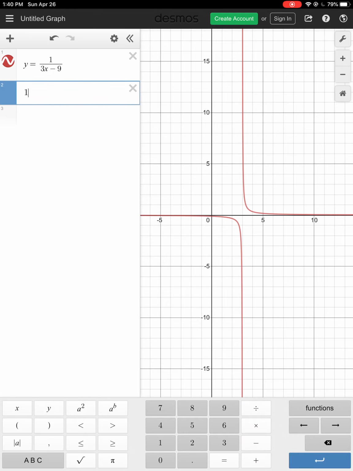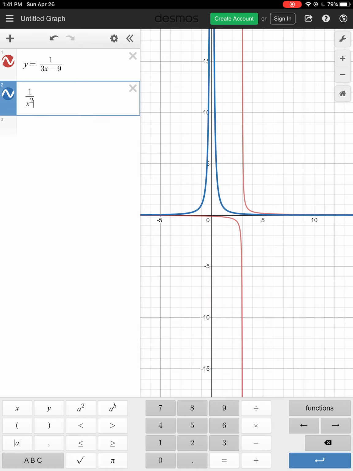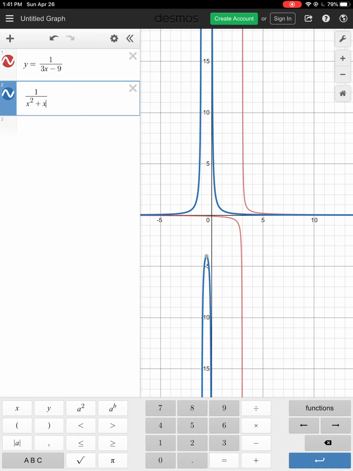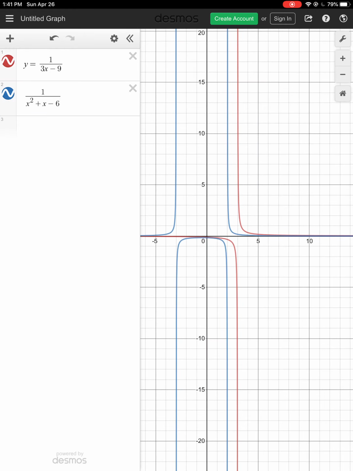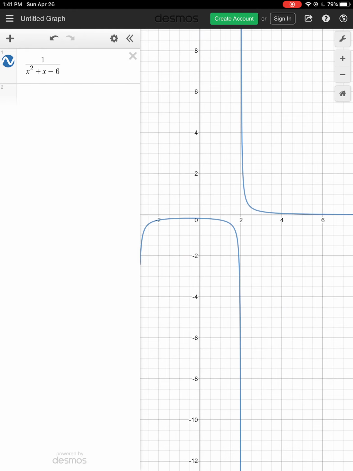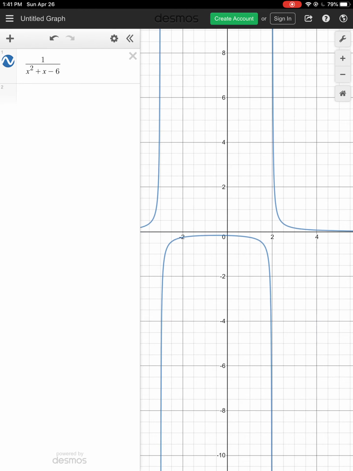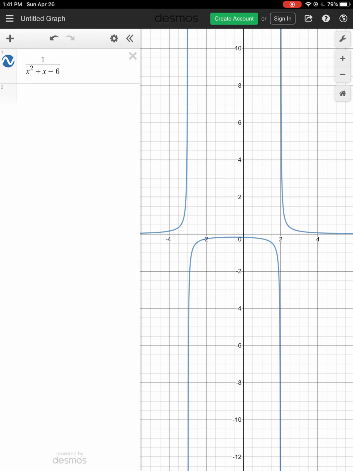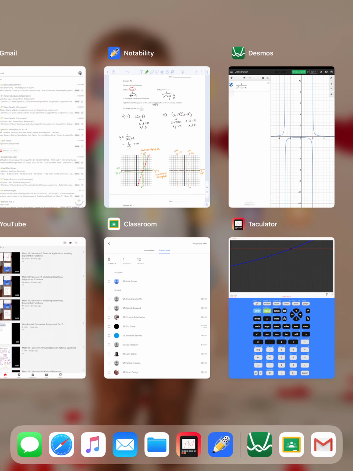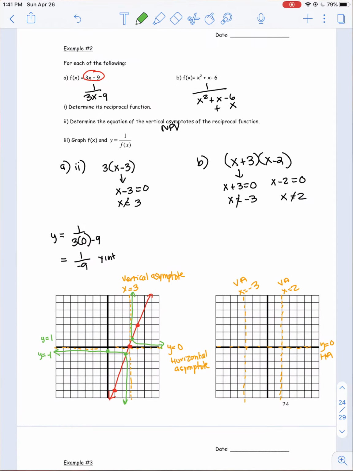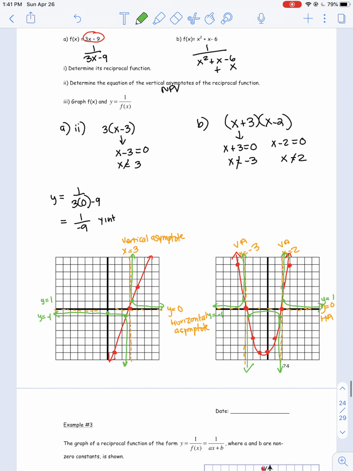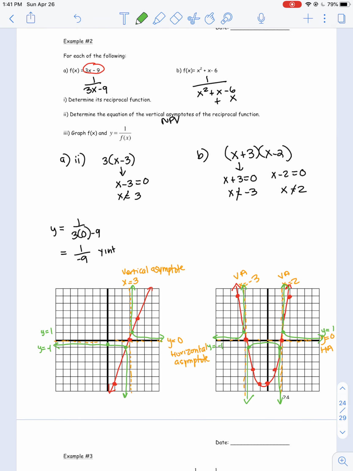The other graph, 1 divided by, is this one, right? So this is our graph that we are trying to draw. Again, your calculator sometimes doesn't do a good job of drawing them, so that's why you need to do it freehand sometimes. And let's go back to our notes.